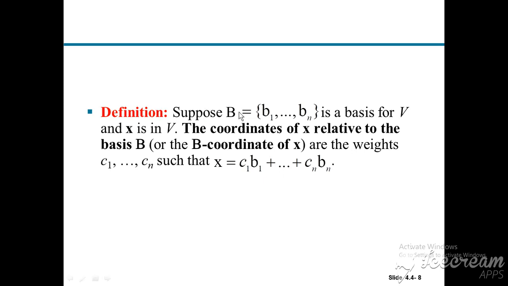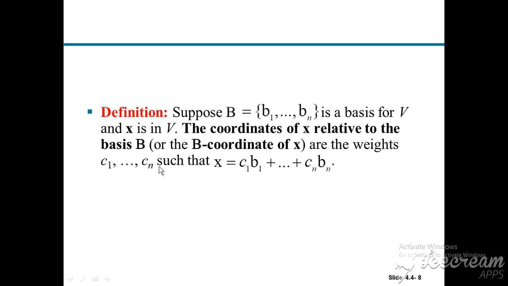Definition. Suppose, or let us consider, basis b is equal to b1 comma dot dot dot bn. These are the vectors for b, and x is in b. x is also one element of this vector space b. The coordinate of x relative to the basis b, the b coordinate of x, are the weights c1 comma dot dot dot cn, such that x is equal to c1 into vector b1 plus dot dot dot plus cn into vector bn.